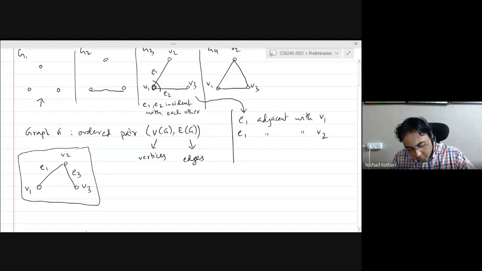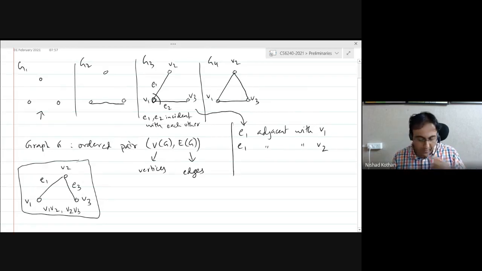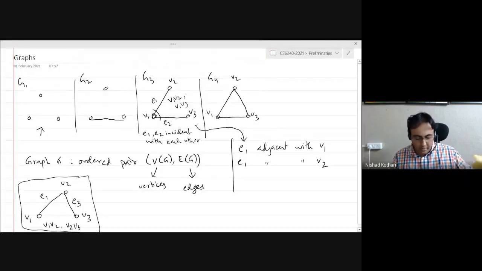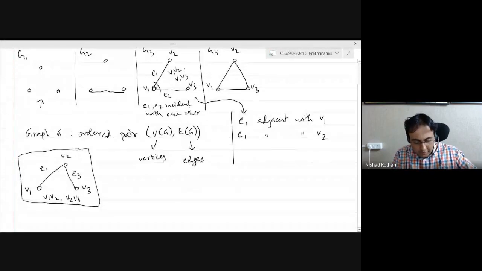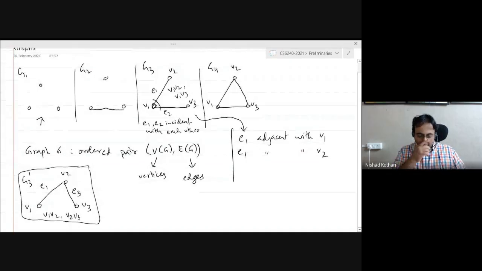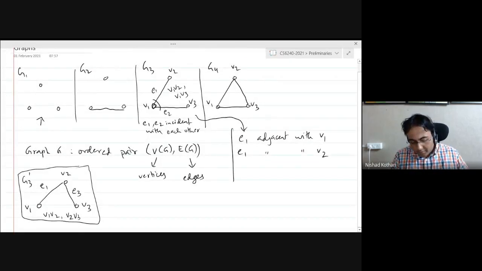Here the two edges are V1, V2, and V2, V3, whereas here the two edges are V1, V2, and V1, V3. So you could say that G3 is different from G3 prime, right? Clearly, that doesn't matter. The labels of the vertices are not really relevant to us.